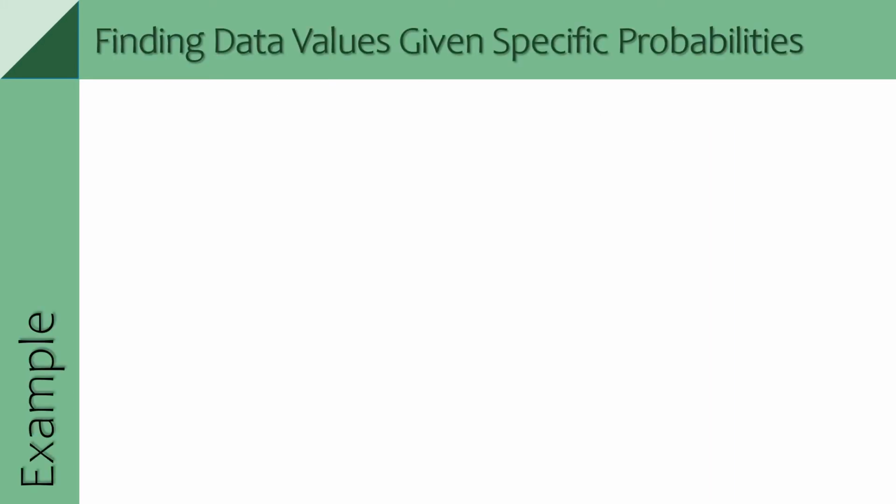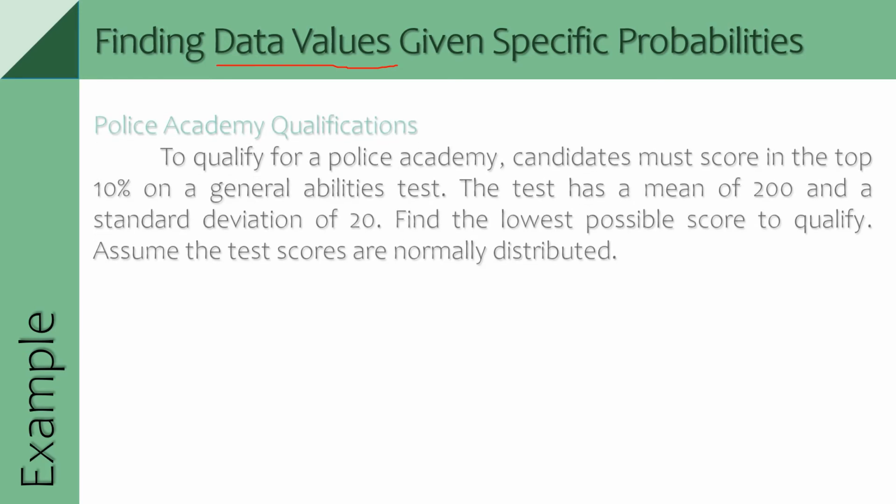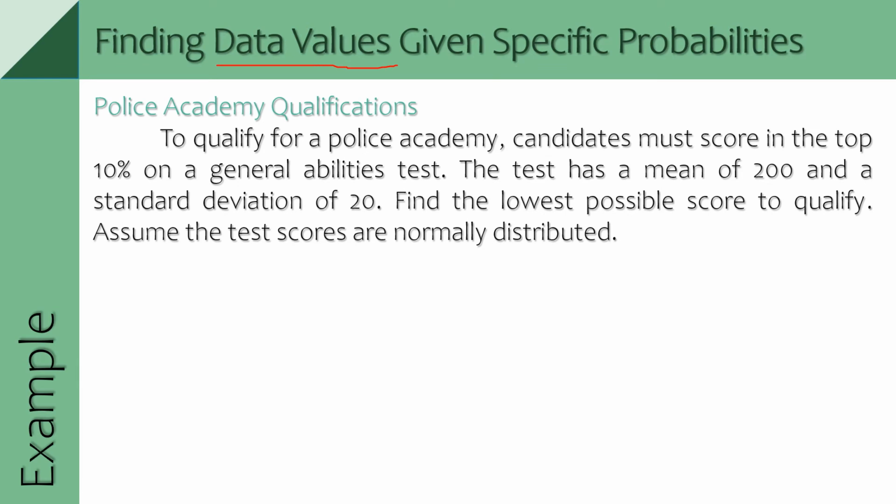Right, so next, finding data values given specific probabilities. So here, we need to find the data values, or simply we need to find the x. Okay, so example, police academy qualification.